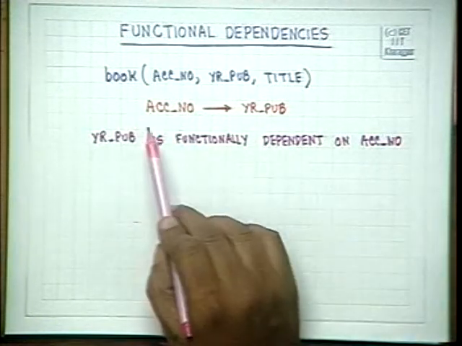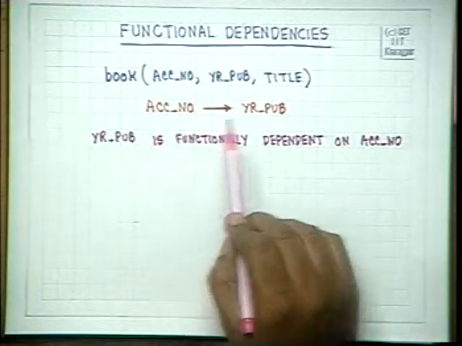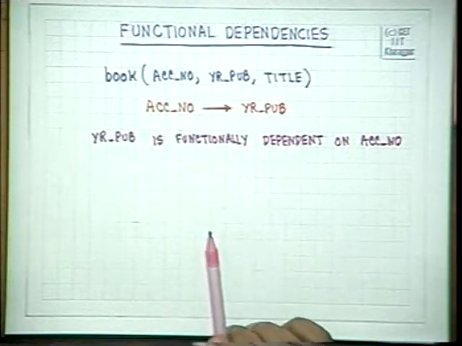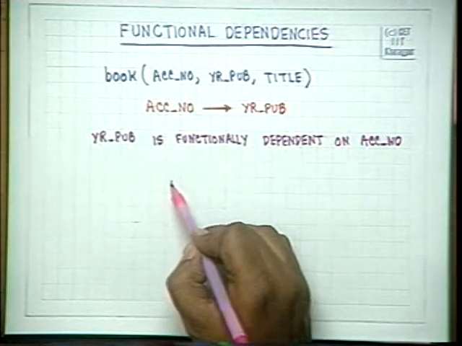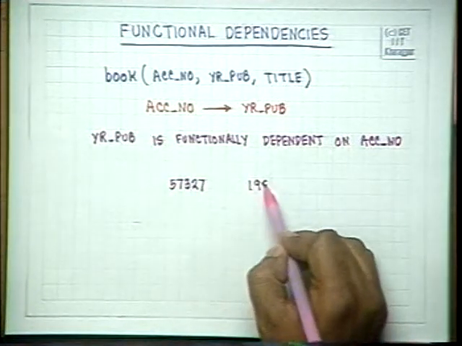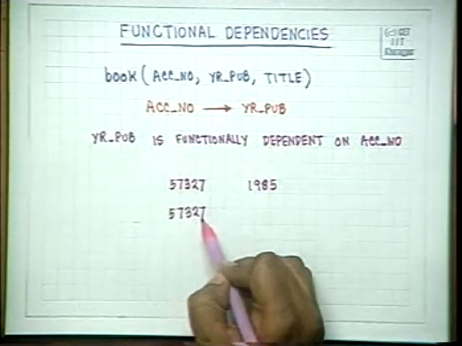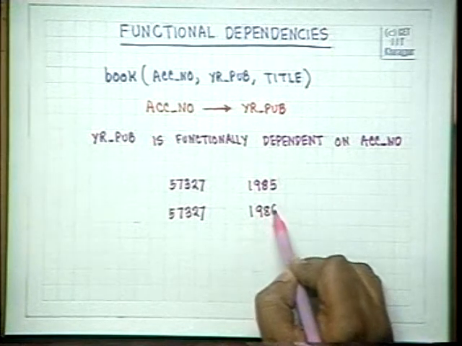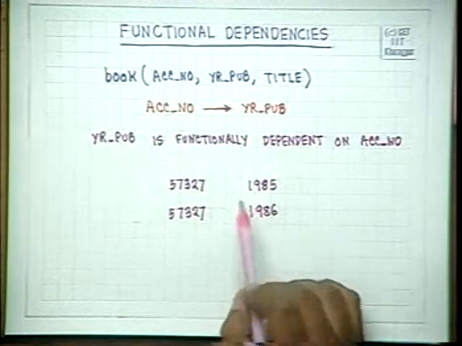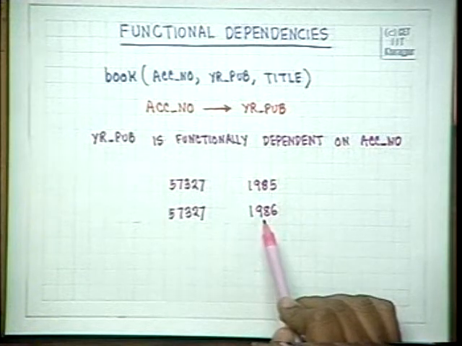That means that there can be no tuples which have the same accession number and different years of publication. I cannot have two tuples which have the same accession number and different values here.